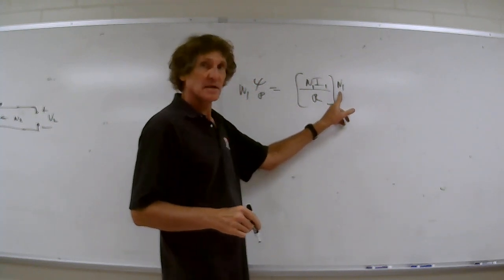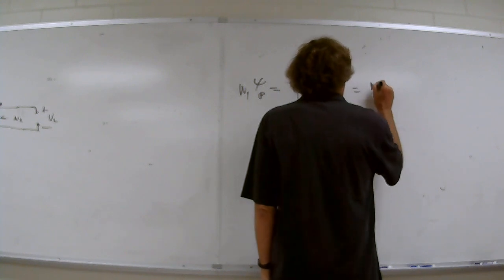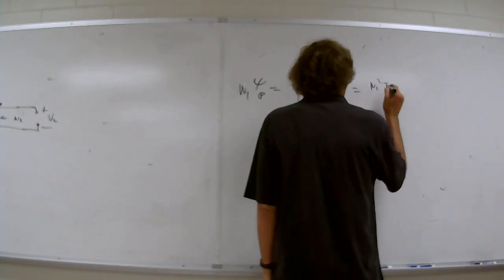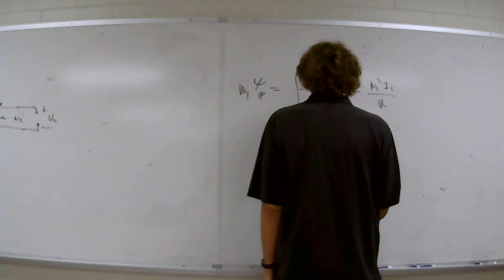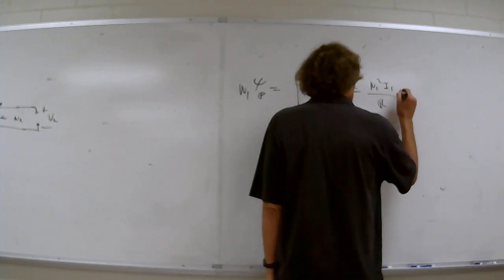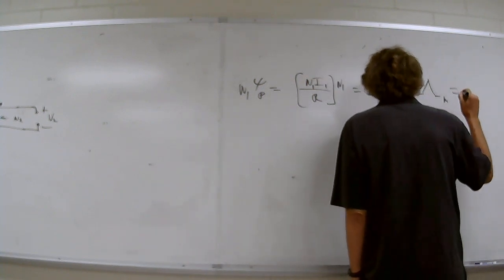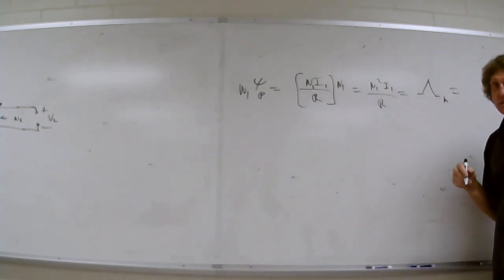Multiplied by N1? Yeah, really this is N squared, right? N1 squared I1 over the reluctance is the magnetic flux linked in the first circuit. Just call this lambda. You agree with this? Yes.